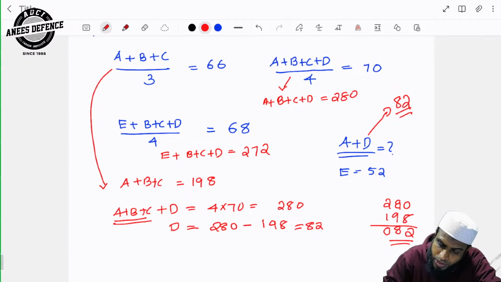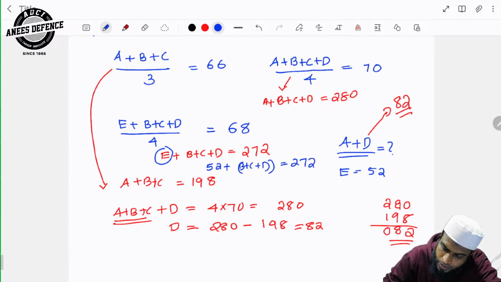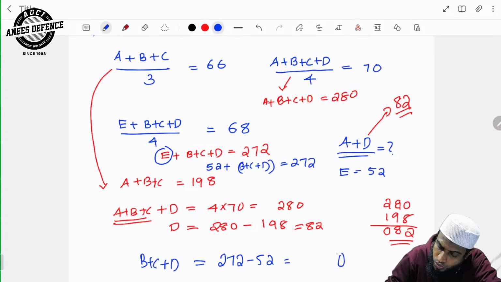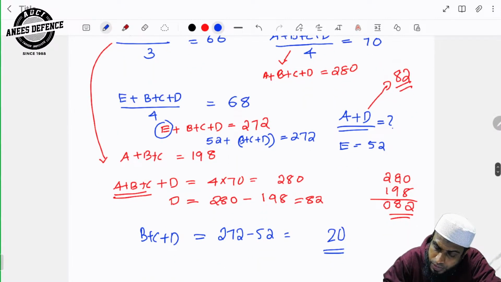If E's mark is 52, you can substitute here. So you will get 52 plus B plus C plus D is 272, so B plus C plus D is equal to 272 minus 52, that is 220. So B plus C plus D you are getting 220.